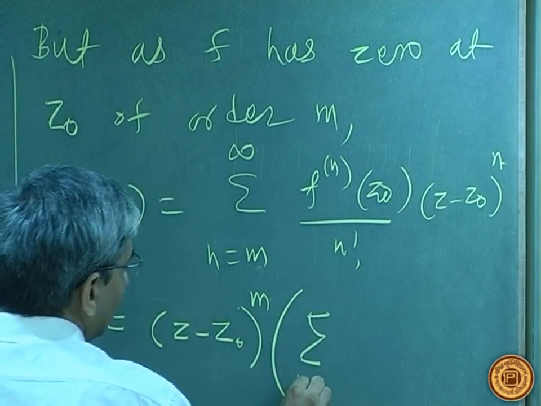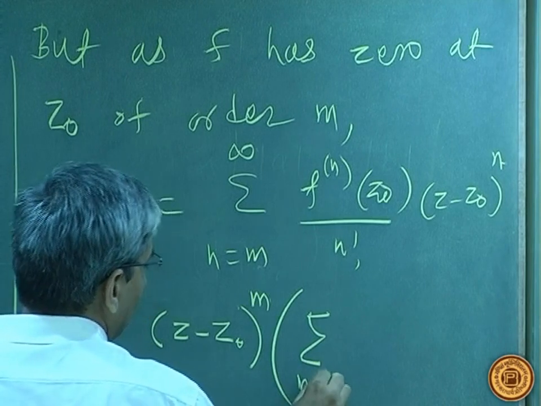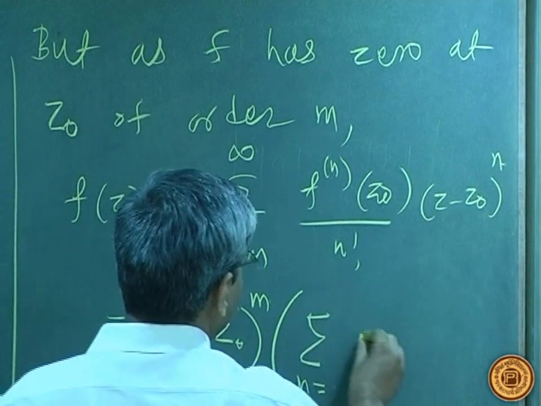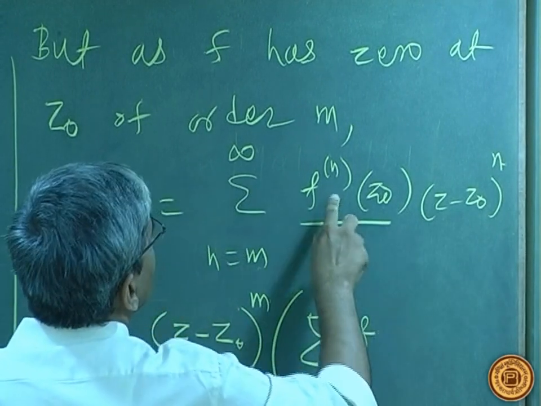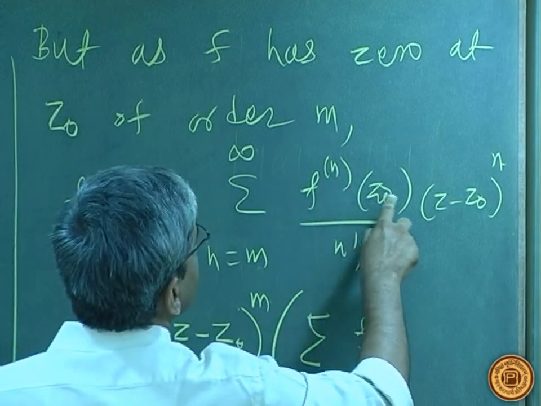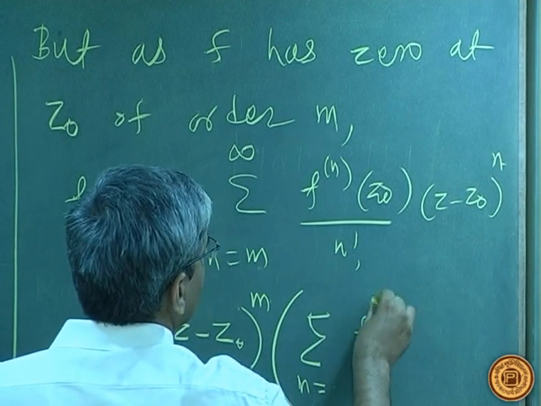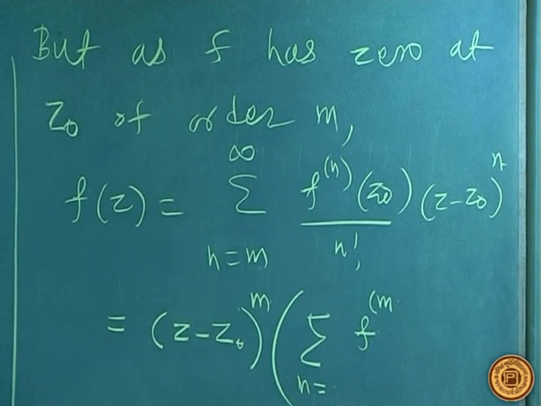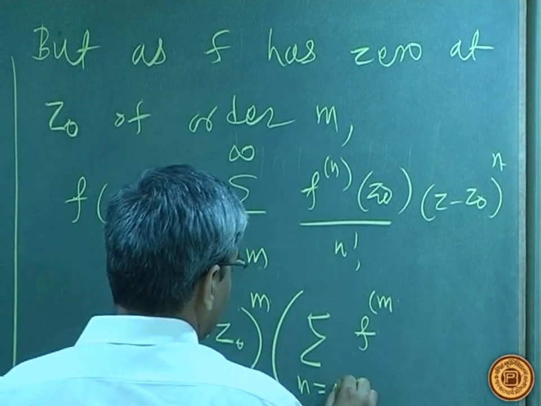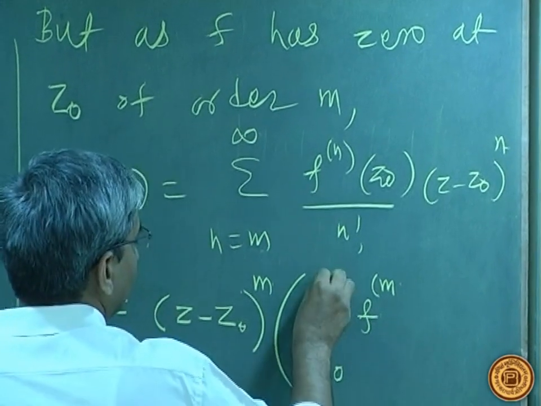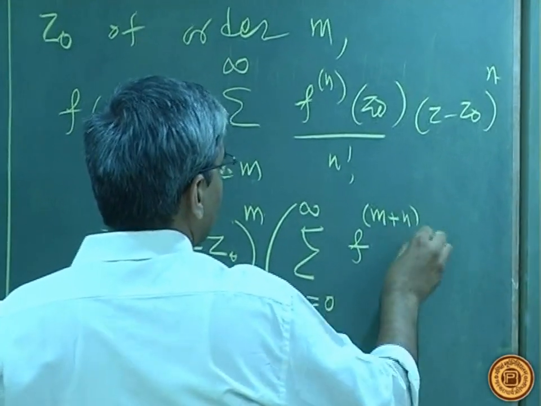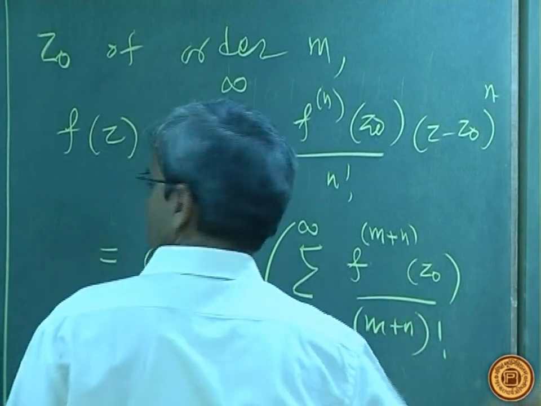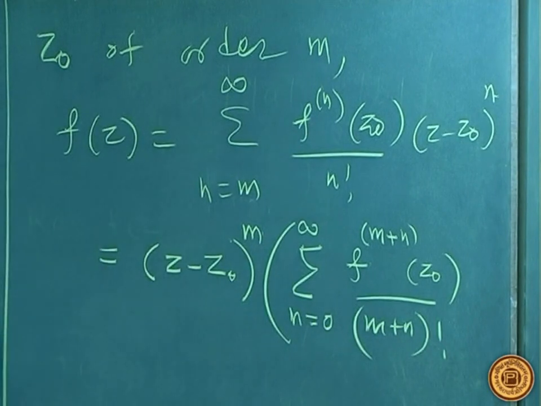Now I can write the summation, n from 0 to infinity, of the (m plus n)th derivative at z naught divided by (m plus n) factorial, times (z minus z naught) to the power n. So this I have taken out.